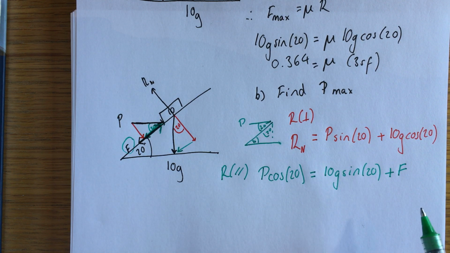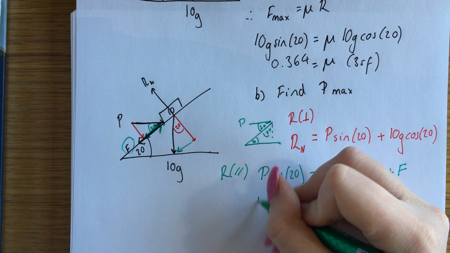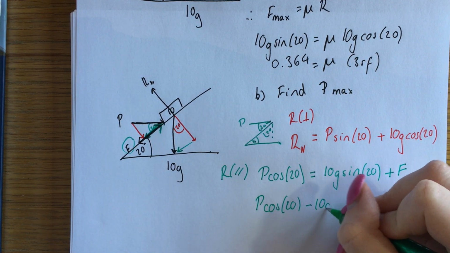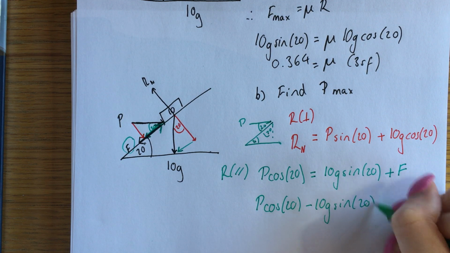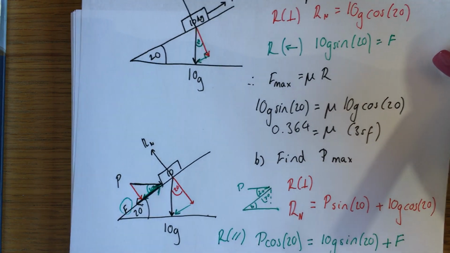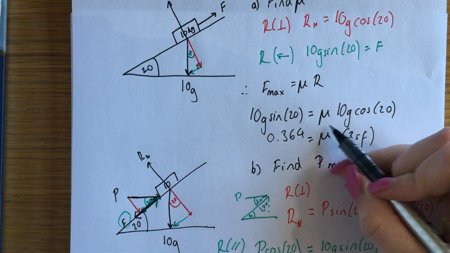The mu is related to the plane, it's not related to the situation. So I'm just going to make this equal to F. Now I'm going to go just back to this part here because I need to use this mu.